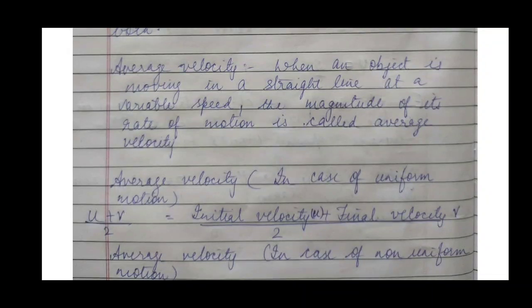So (u plus v) upon 2 gives you the average velocity when the object is having uniform motion.